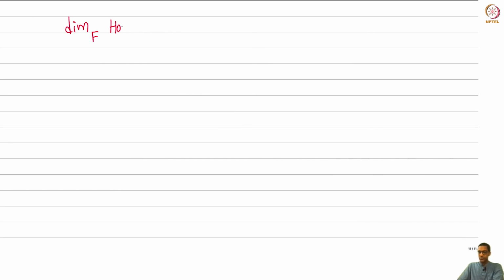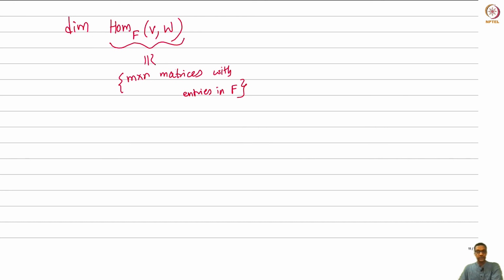These are linear transformations, linear operators. This is like n cross m matrices if you wish, or m cross n matrices, with entries in F. You can identify it with that F vector space just by choosing bases on both sides.